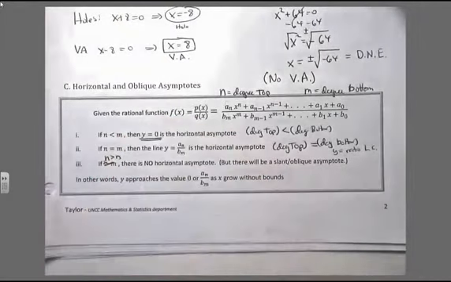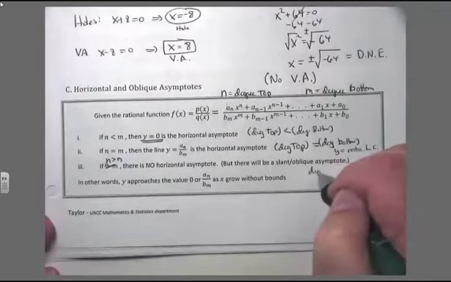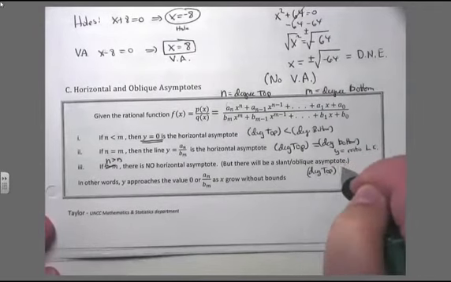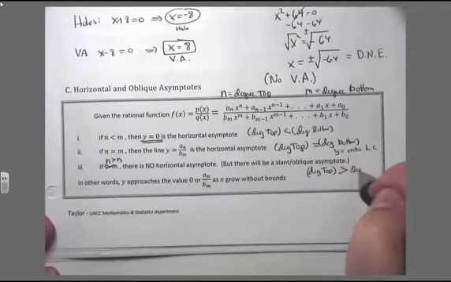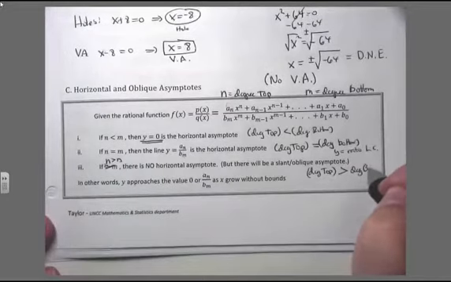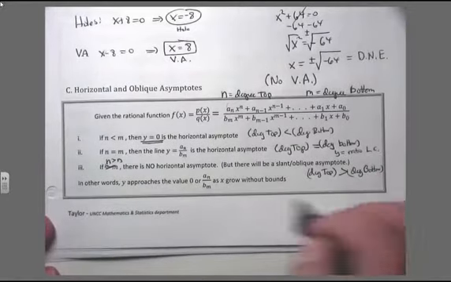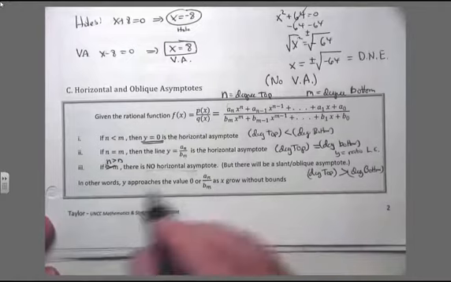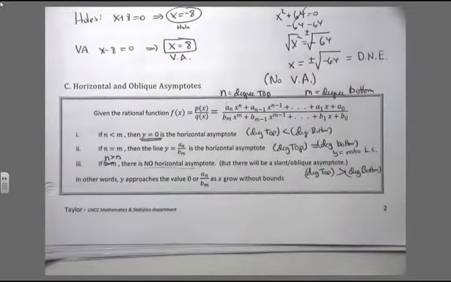So when the degree of the top is greater than the degree of the bottom, there are no horizontal asymptotes. You get something called a slant asymptote. You get slant asymptotes by doing long division, and y equals the quotient is your slant asymptote. Y equals the quotient when you do long division is your slant asymptote.